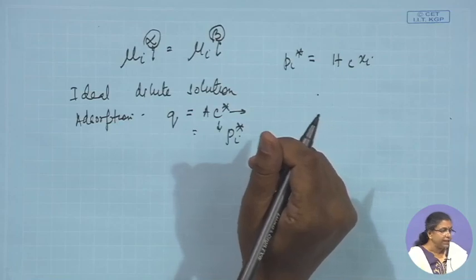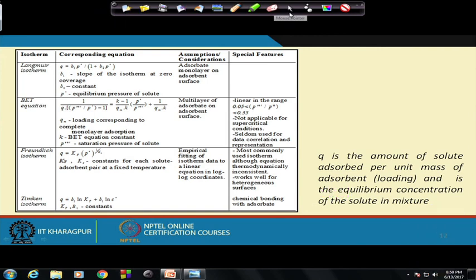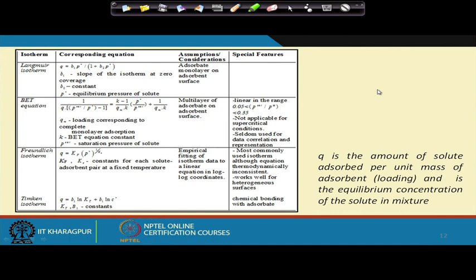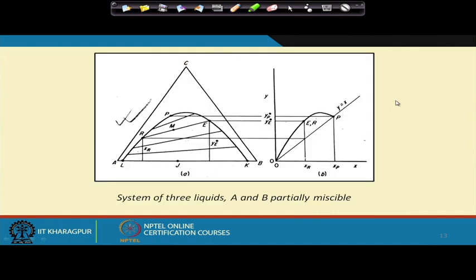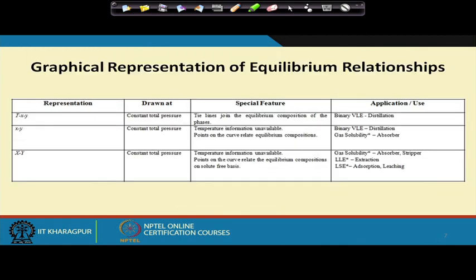Well, there is one thing I should mention before I proceed further, that is the different units in which the concentrations are mentioned for the different mass transfer operations. Let us see the different concentrations before I go to the mathematical equations. While we were discussing vapor liquid equilibrium, the mole fraction was the typical concentration unit that we were using.